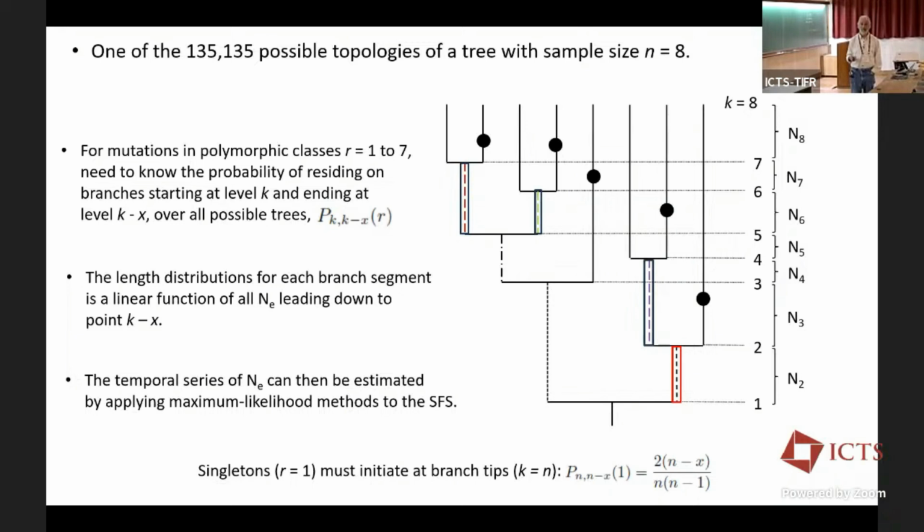So you have N_e at each of the episodes, and so on. So if I take a harmonic mean of that, that should work, right? I think so. And that could be used to get at this issue of the average N_e experienced by an allele, whether it's a singleton or a doubleton and so on.